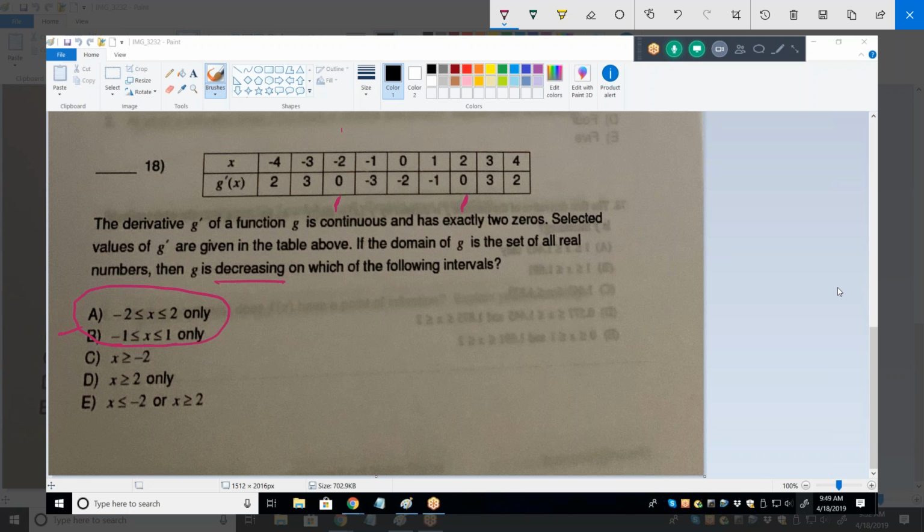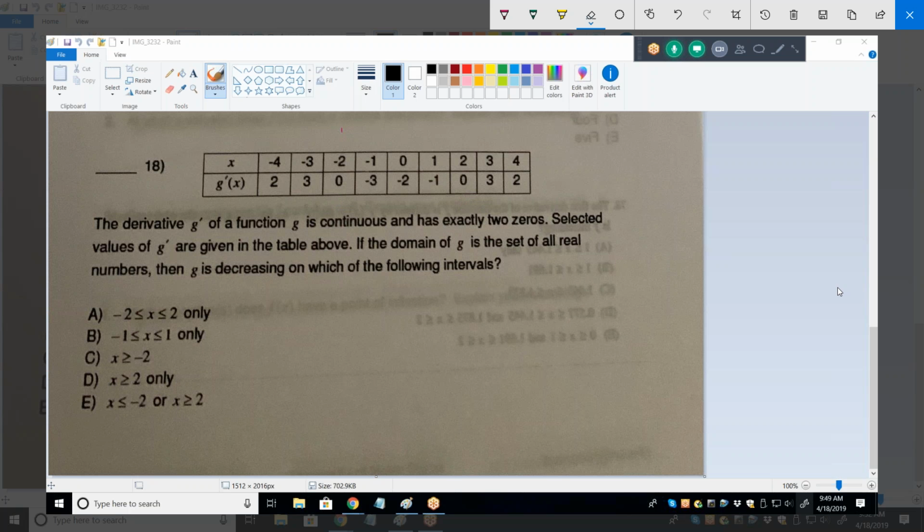Because clearly B is correct without the only. In other words, take away that only, and B is definitely an interval. So A can't possibly be the answer because it says -2 to 2 only, and here's another one that we know for sure it's decreasing on that interval. So the word only makes A incorrect.